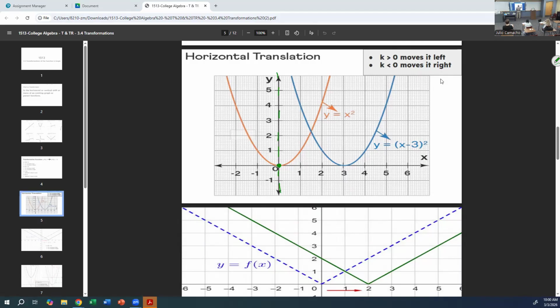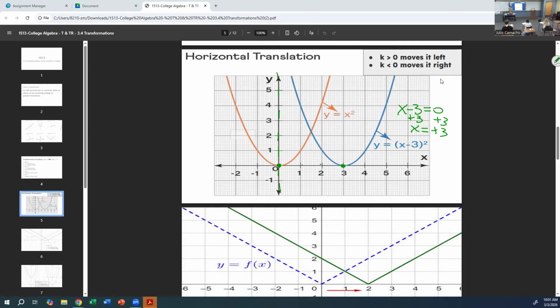So if you have x minus 3 equal to 0, and you add 3 to both sides, x is equal to positive 3. Is positive 3 to the left or to the right of the origin? Right. So you can see the vertex was at (0, 0), and the whole thing went 1, 2, and 3. That's what the vertex is now.